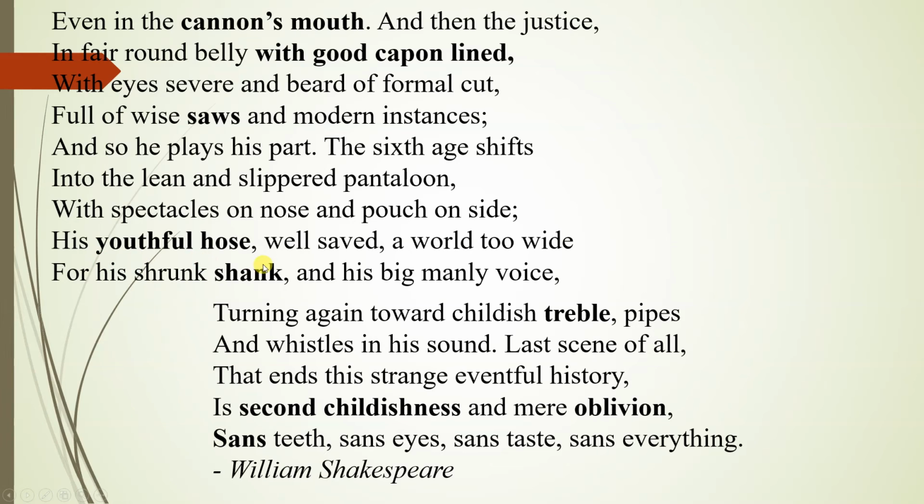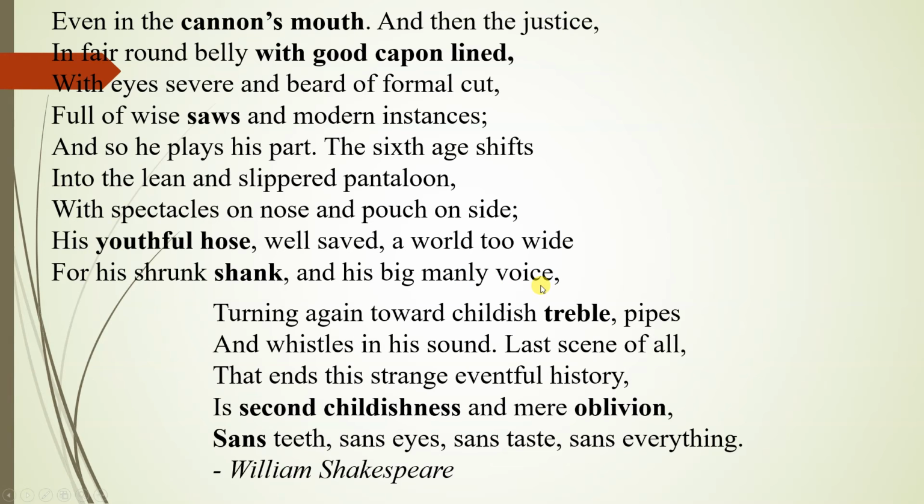His youthful hose well saved, a world too wide for his shrunk shank, and his big manly voice. Okay. So at this age, his youthful hose means whatever he has earned, well saved, a world too wide, and that he has to use for the remaining part of his life, from his shrunk shank and his big manly voice.